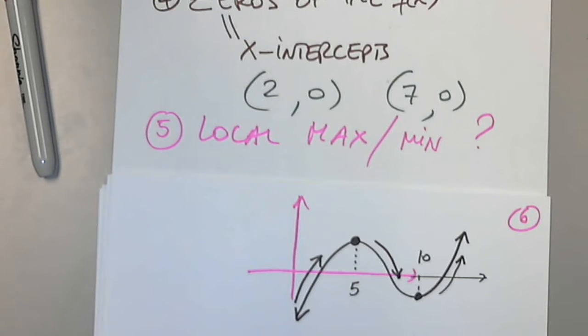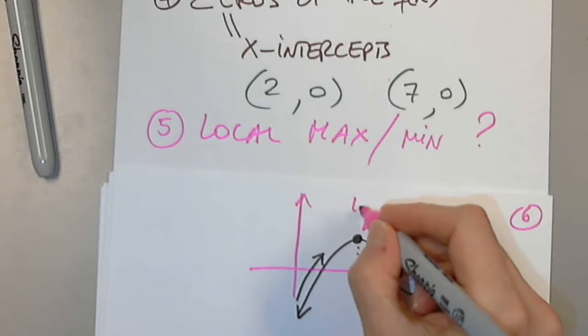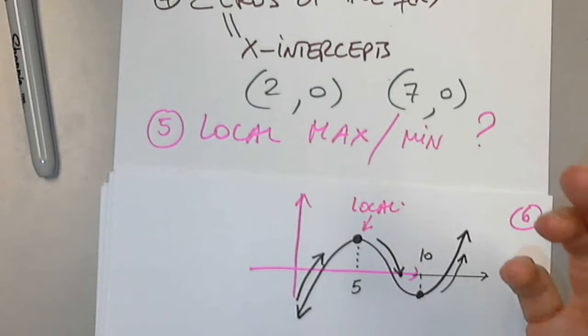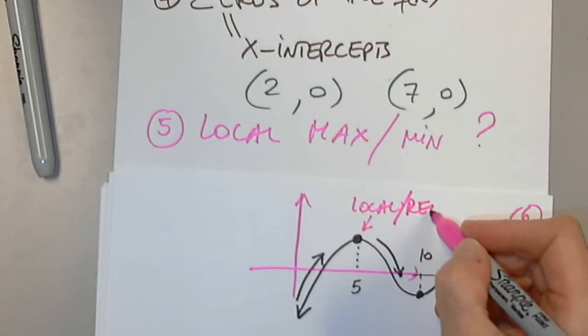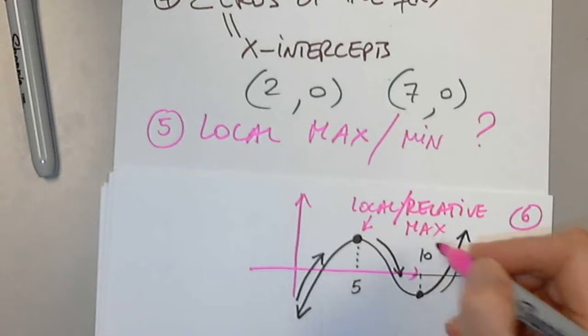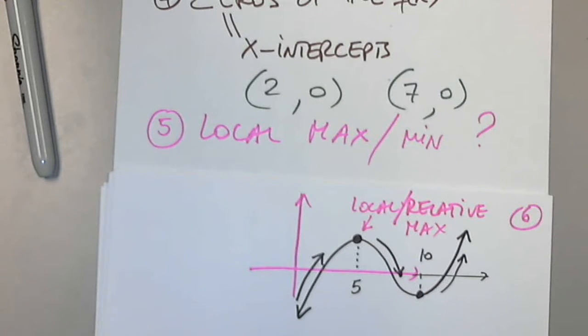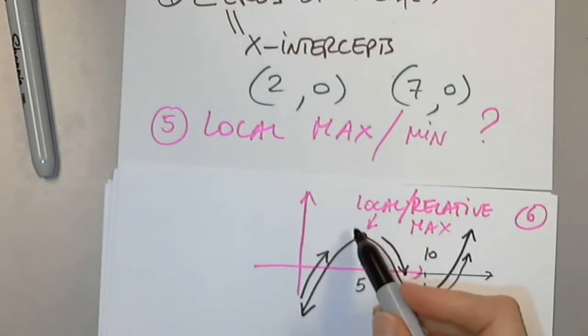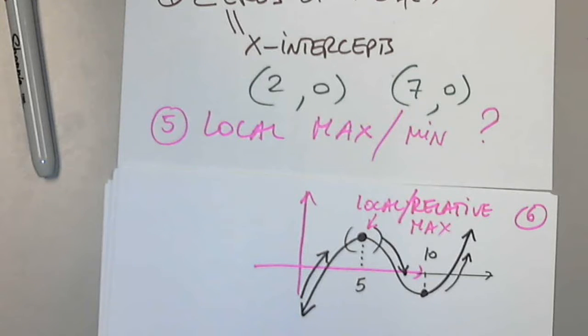Now, this point is called a local, some books call it relative, same thing. Local or relative max. Why? Because I can show an open interval around that point where the function exists on both sides, it's a must, and all those values are smaller than that one.